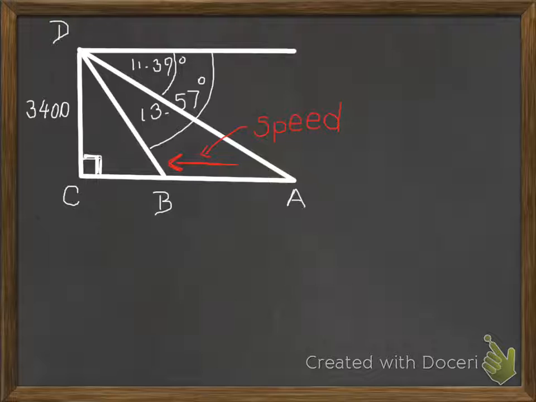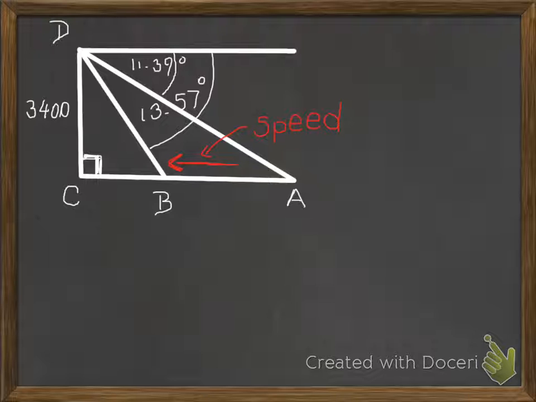The height of the mesa is 3,400 feet, and we're trying to find, based on that information, what is the speed at which the fire is traveling.